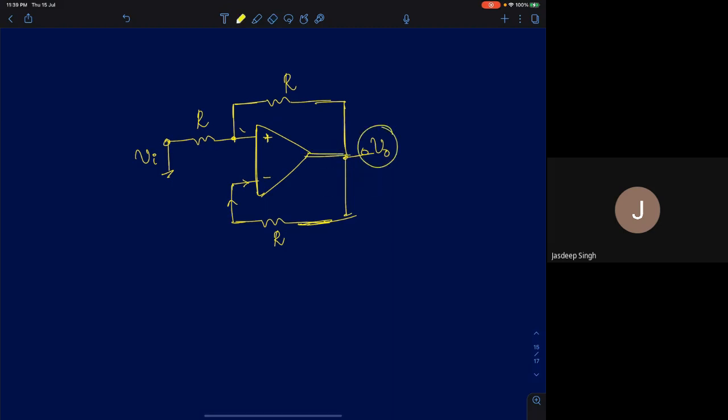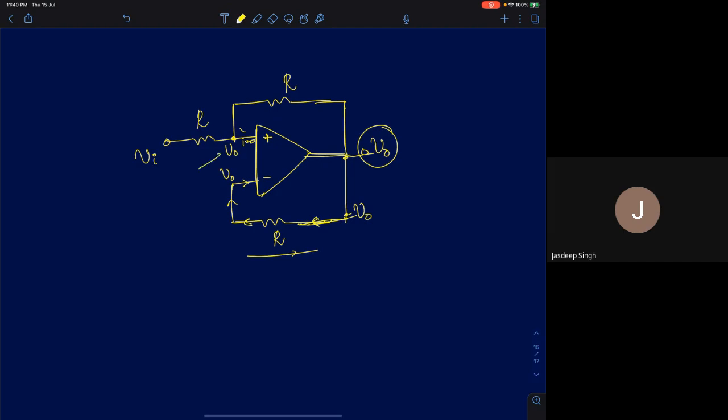If the output voltage is V0, the same condition holds true even in the presence of input, which is that the input current flowing into the op amp is 0. Therefore the voltage across this resistor will be 0. Which means if this node is at V0, this inverting terminal voltage will also be at V0, and the non-inverting terminal will also be at V0.